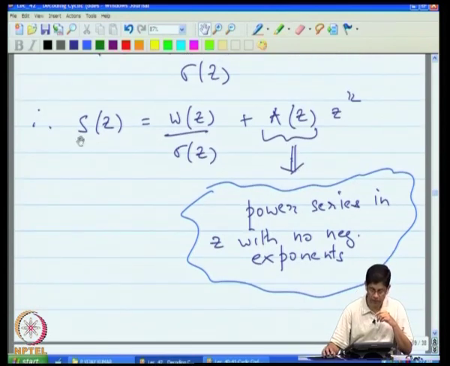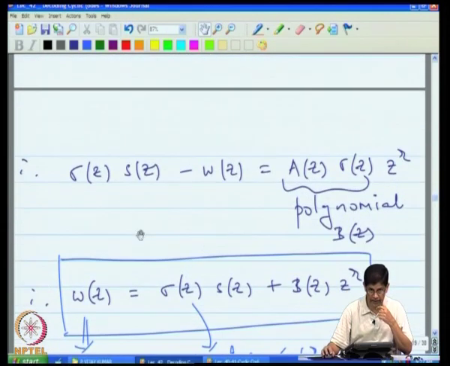Okay, so, now I am going to multiply through by sigma of z. So, then I have sigma of z S of z, which is a polynomial, because this is a polynomial, this is a polynomial, omega is a polynomial, and therefore, what I have on this side must be a polynomial. Okay. So, from that I get that sigma of z times S of z minus omega of z is this, and this must be a polynomial because these are polynomials.